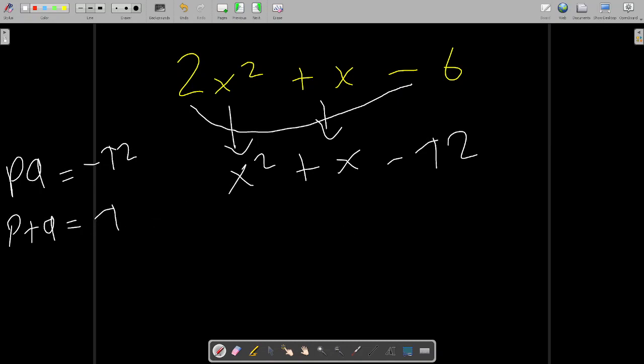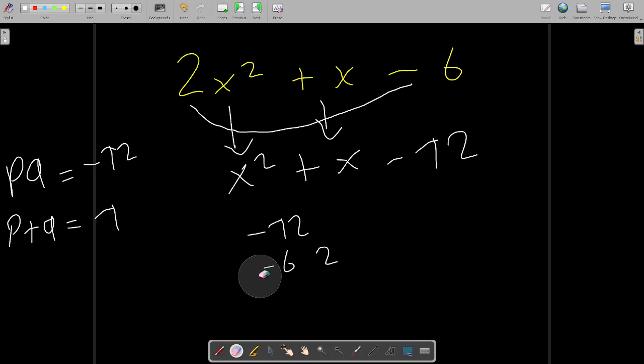Now, let's look at a few factors of negative 12. There's negative 6 and 2: negative 6 times 2 is negative 12, but when added, negative 6 plus 2 is negative 4, and that is not 1.